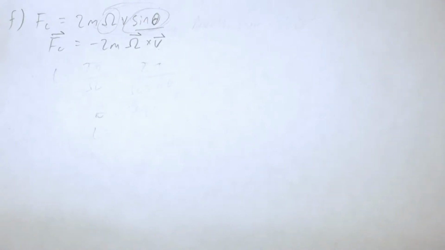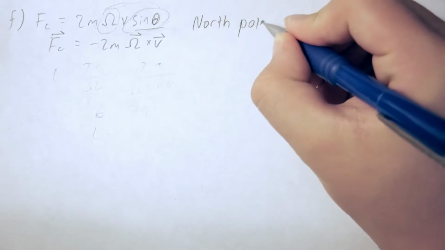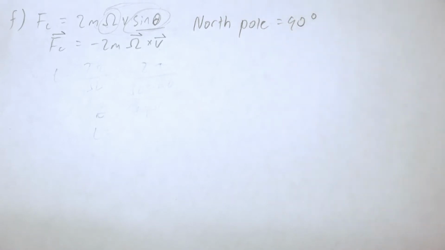If the pendulum is located at the North Pole, then the latitude, or theta, would be 90 degrees. So at the North Pole, we know that the plane of oscillation just moves with the Earth. And you can visualize this by imagining yourself watching the pendulum from the Earth, which is rotating.